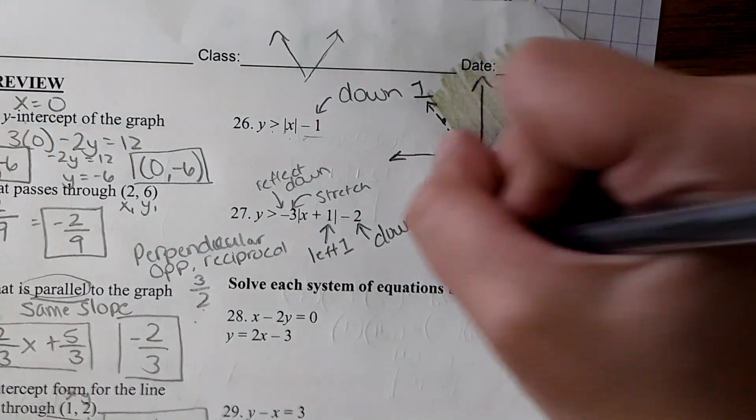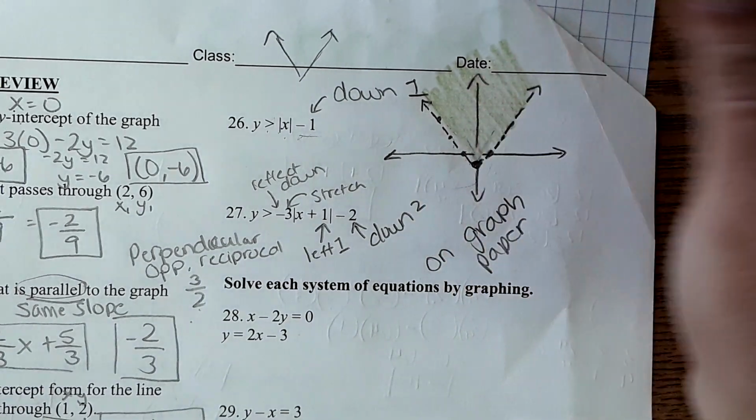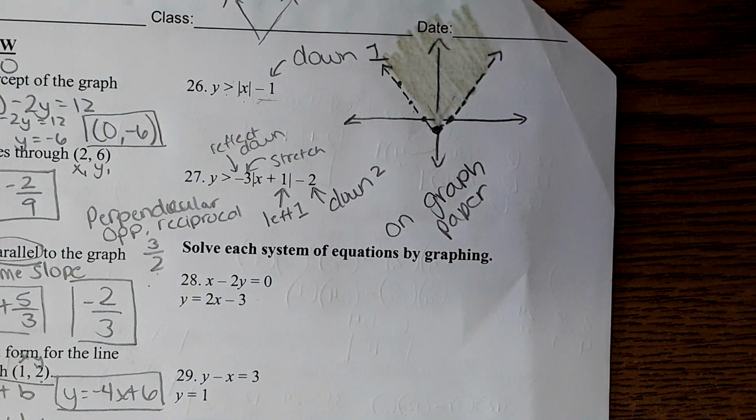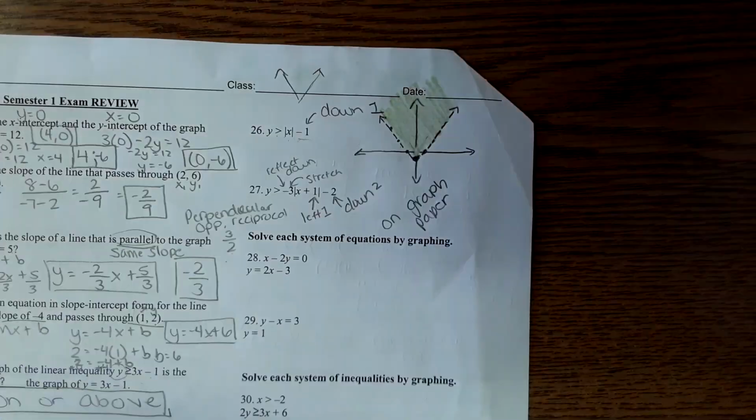And then we're going to graph. So make a note for yourself on graph paper. Actually, I just folded my graph paper so that way I can have the problem and the graph in the same frame.